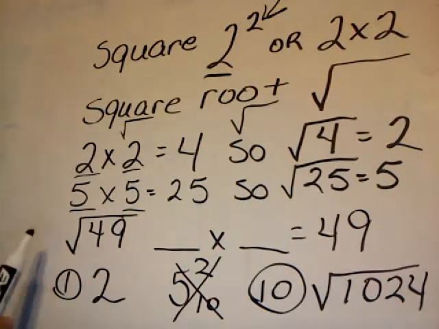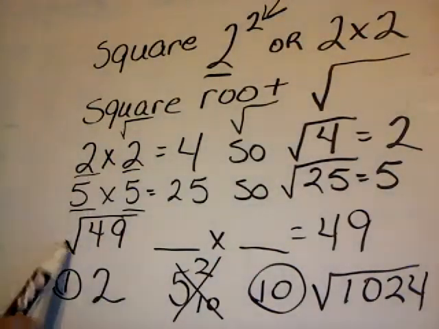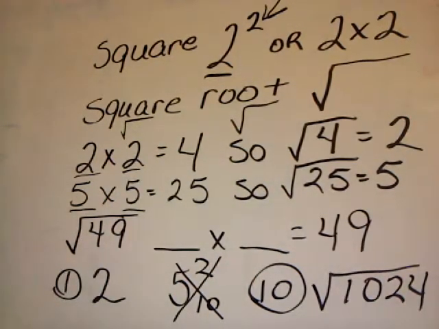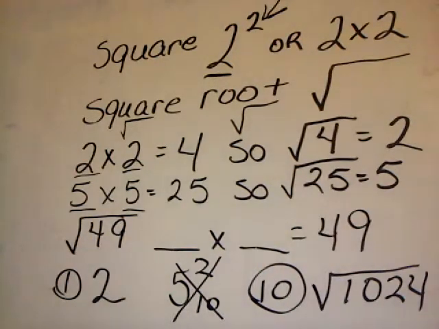Now let's look. This is read the square root, because it's a square root sign, the square root of 49. I need two numbers that when I multiply them together, I get 49, and the numbers have to be the same. Now, if you're not real familiar, you can look at your perfect square root chart.